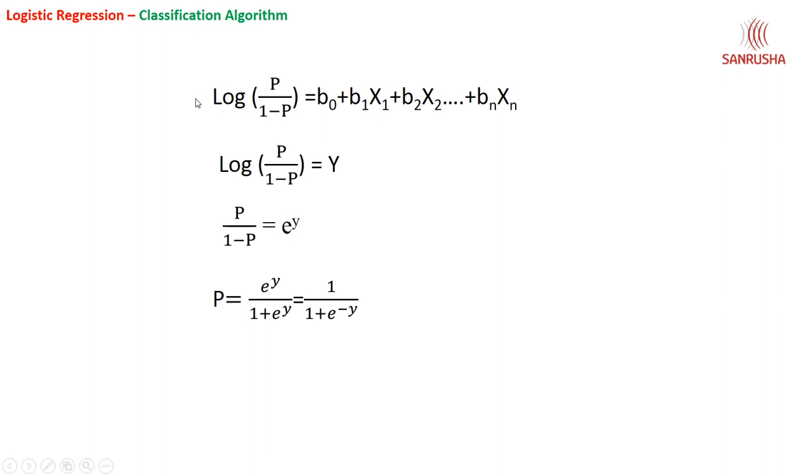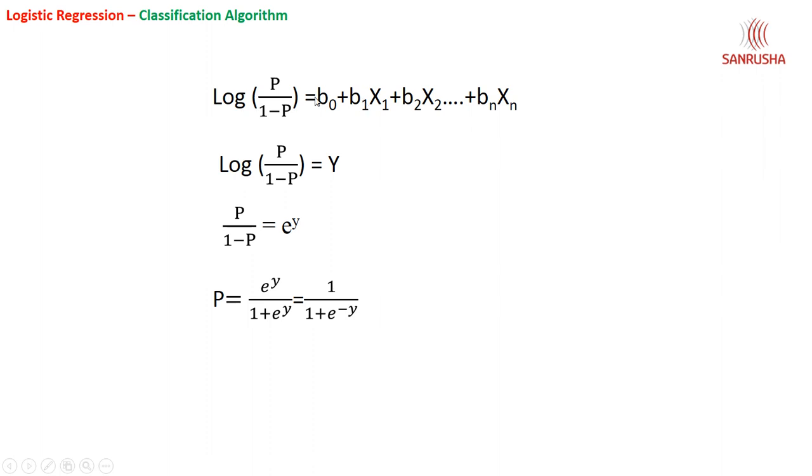So the formula is changed. Now y is replaced with log of p/(1-p), where p is a probability, equal to y. And if I further expand it, then I come up with this formula: probability p is equal to 1/(1 + e^(-y)).